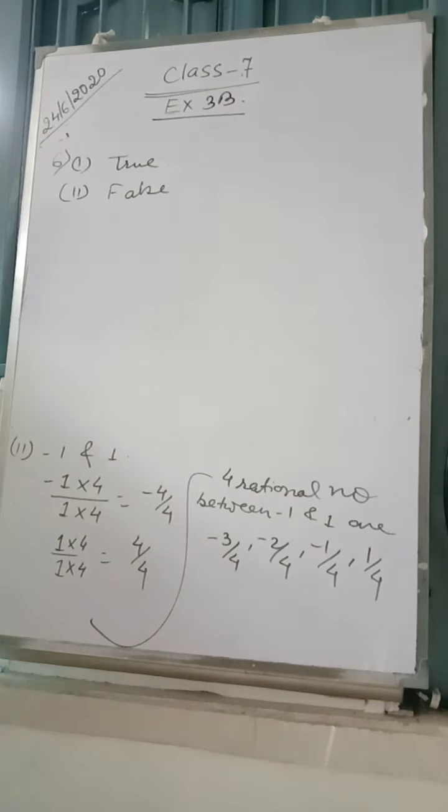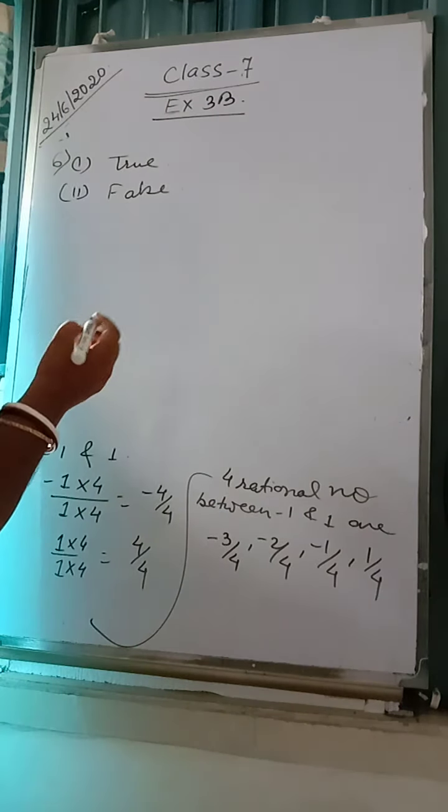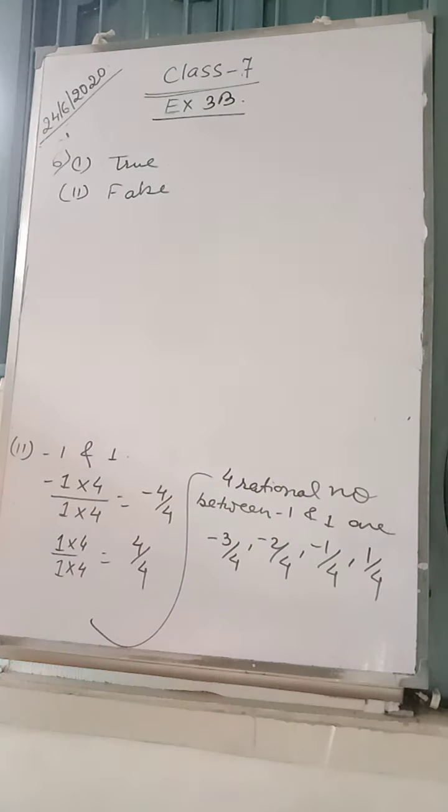So that is false. Minus 10 by 3 is greater than 2, since the distance between 0 and minus 10 by 3 on the left side of 0 is greater than the distance between 0 and 2 on the right side. No, minus 10 by 3 means it will be 3 whole something.